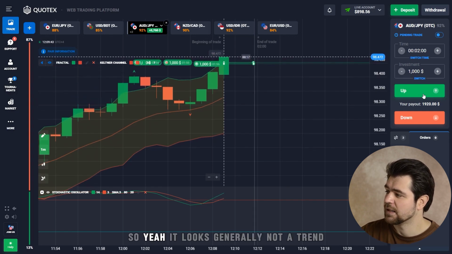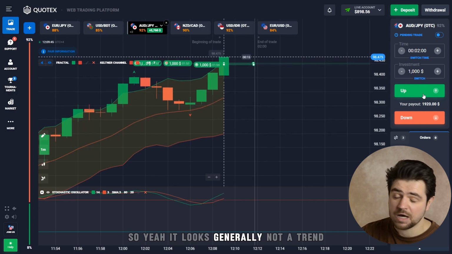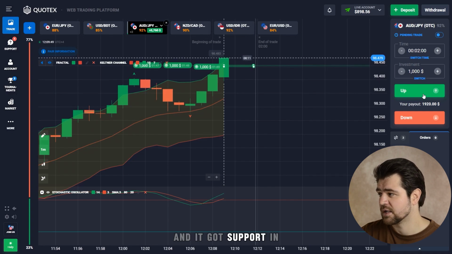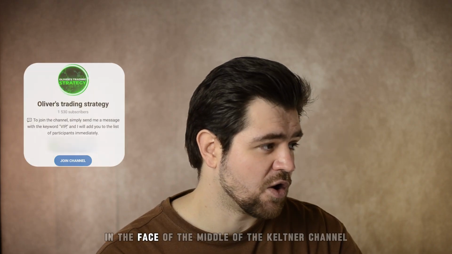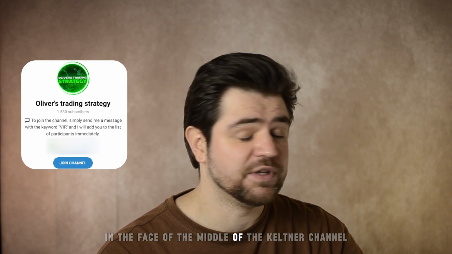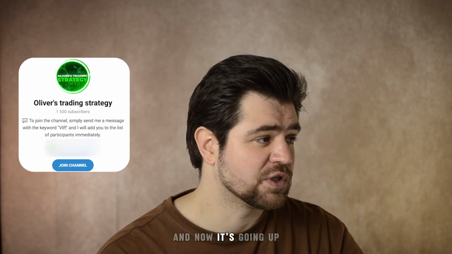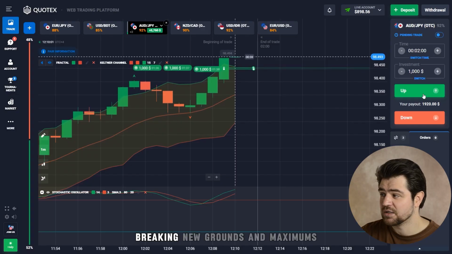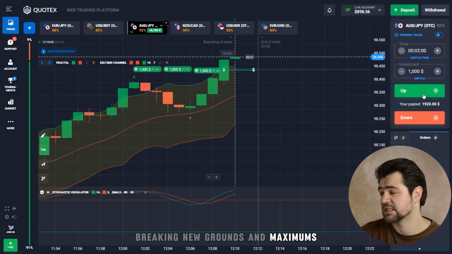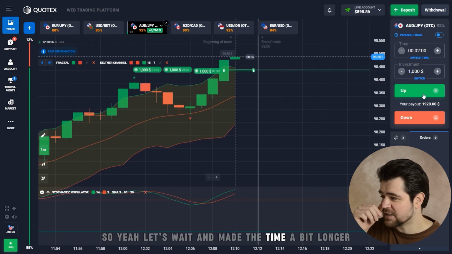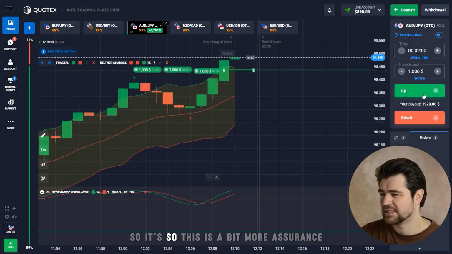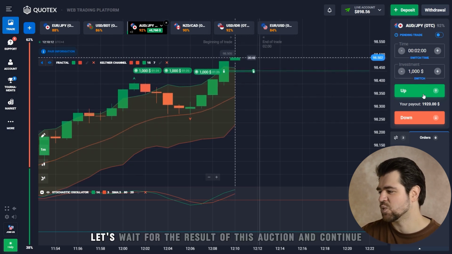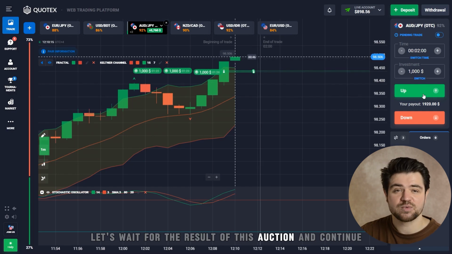It looks generally like an upper trend, and it got support from the middle of the Keltner channel, and now it's going up, and it looks like it's breaking new grounds and maximums. So yeah, let's wait. I made the time a bit longer, so there's a bit more assurance. As I said, the stakes are pretty high. So let's wait for the result of this option and continue.